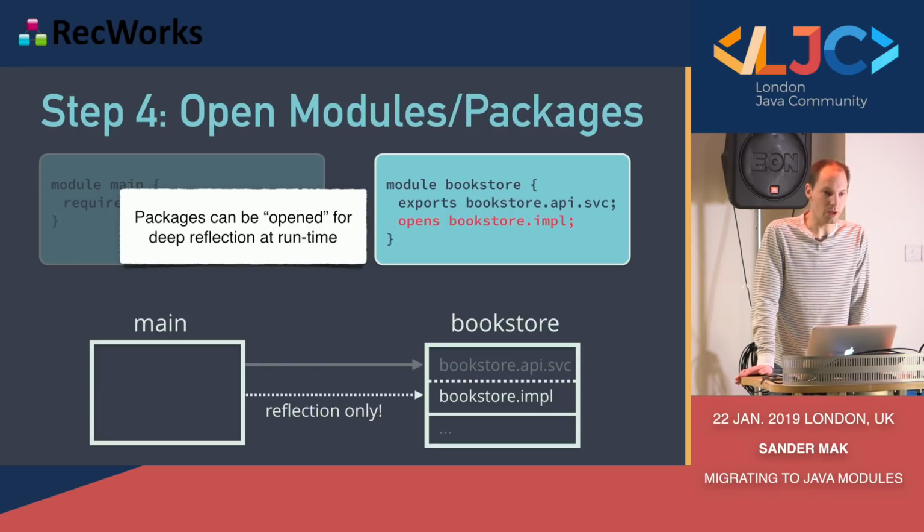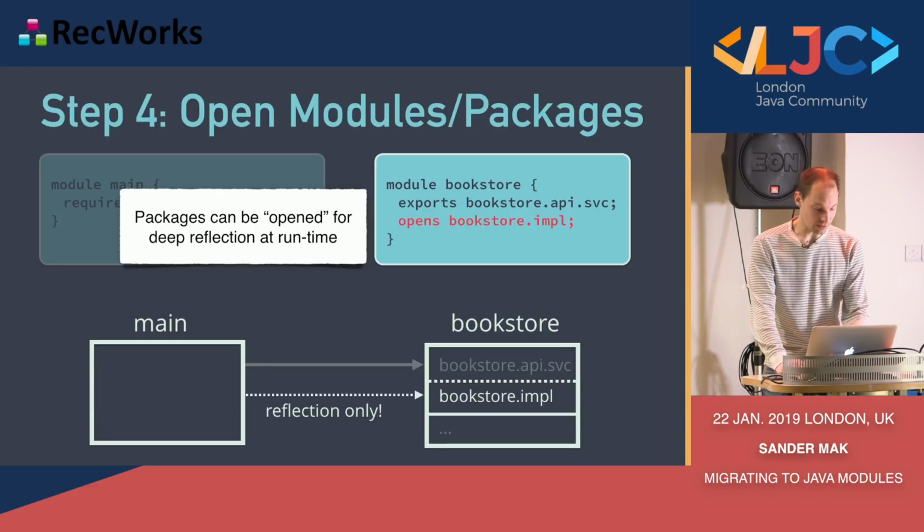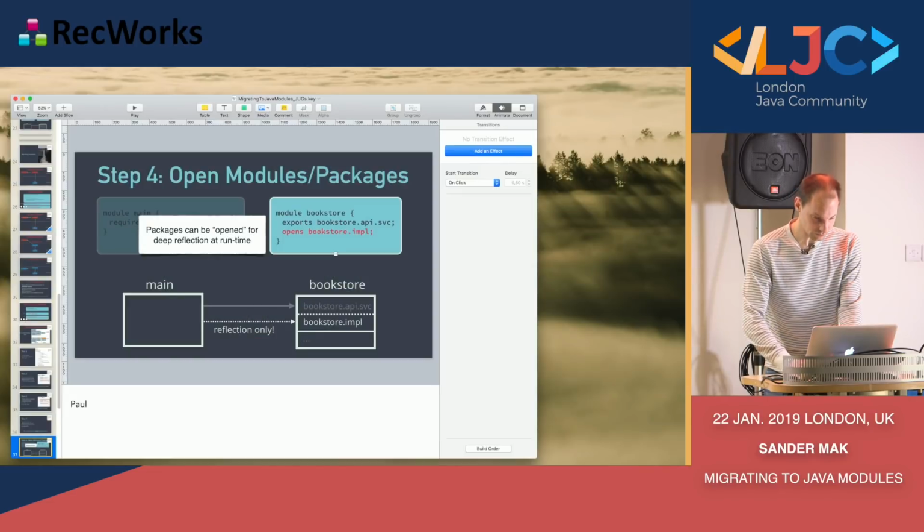There we want to expose entities so they can be reflectively instantiated. We want to expose service implementation classes so that Spring can instantiate them and maybe even inject into private fields or whatever. These are all things that are made possible using open packages.